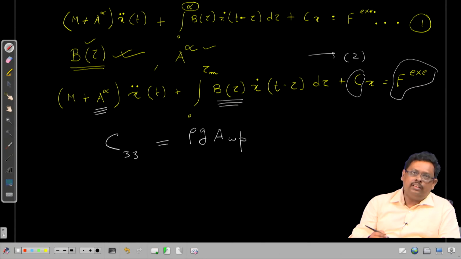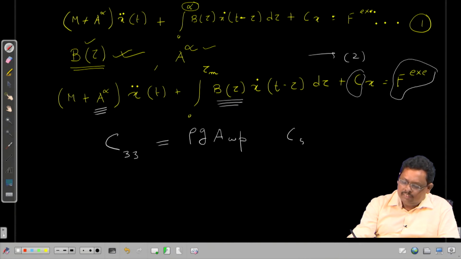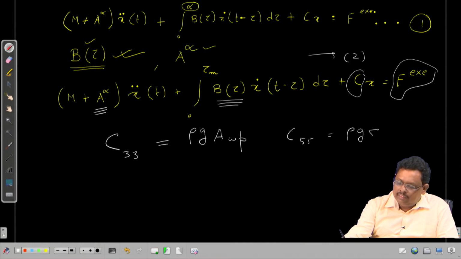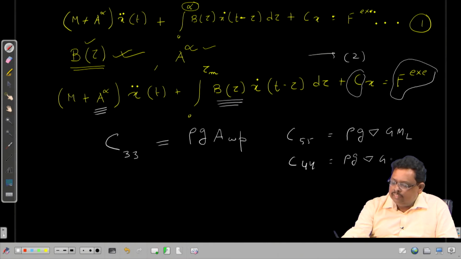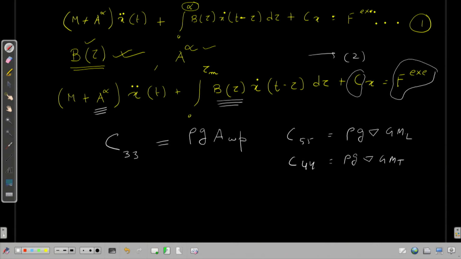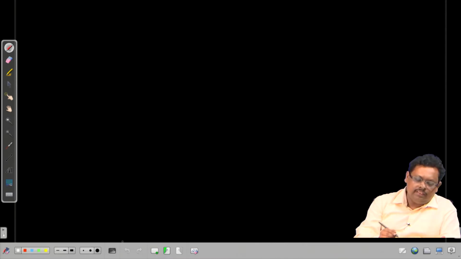And for pitch, C55 is nothing but rho g delta multiplied by GML, and in case of C44 it is rho g delta into GMT. So, we know all these things before, and we do not discuss how to calculate C33, but we need to discuss how I can calculate my f of t.